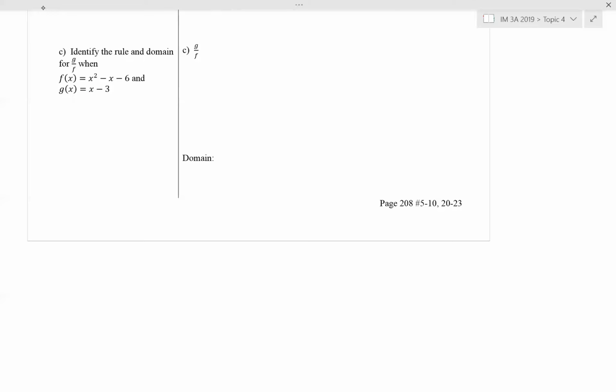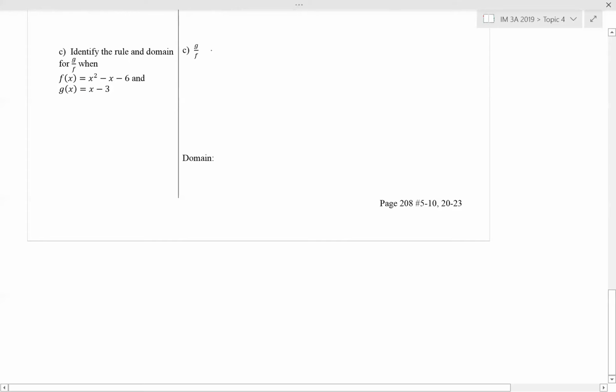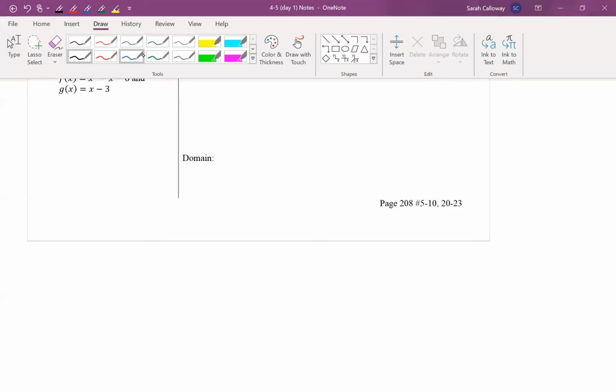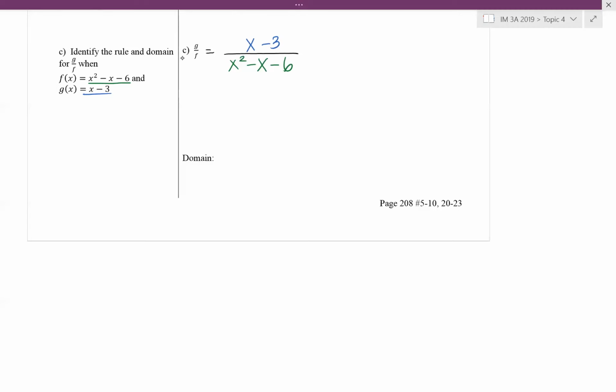If I take g, which is x minus 3, and divide that by f, which is x squared minus x minus 6, then I want to try to factor anything. So x minus 3 is linear, and I'm not going to be able to factor that.